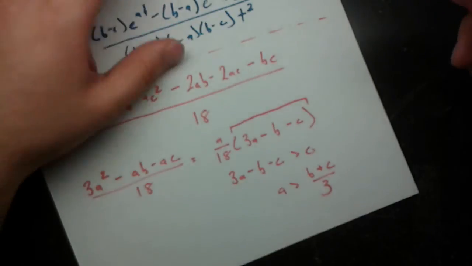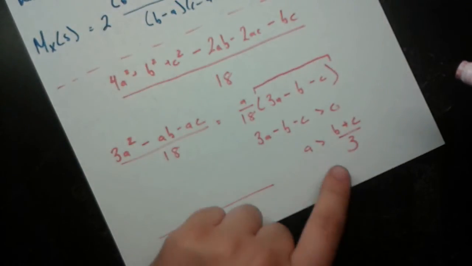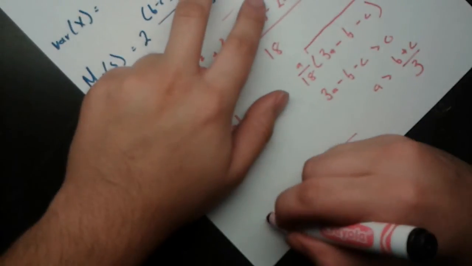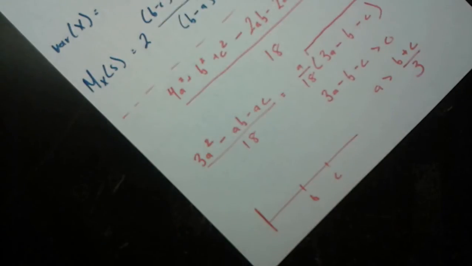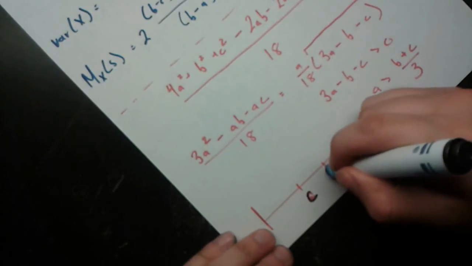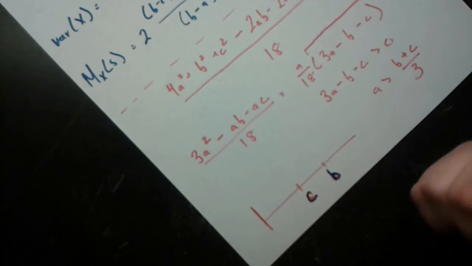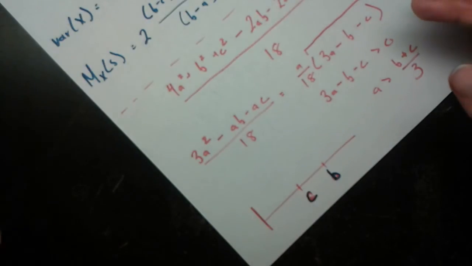So picture-wise, what does that look like? We have a, b, and c, with a bigger than b plus c over 3. So if we have c over here and b here, then where would a have to be for the variance to increase with a doubling of a?